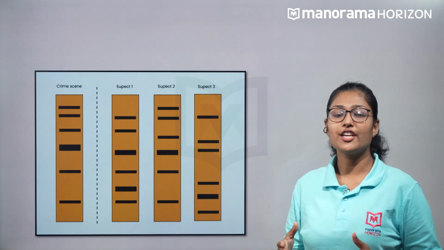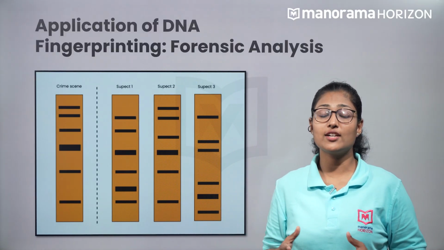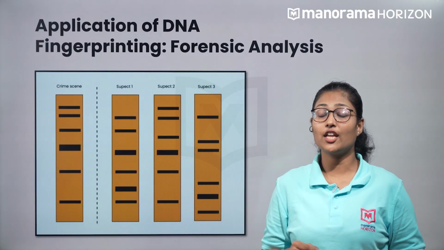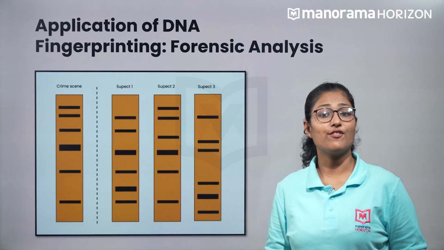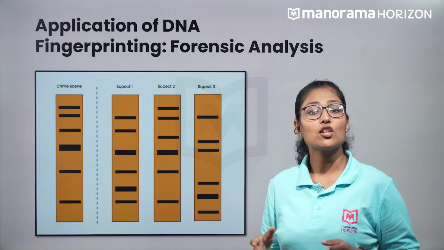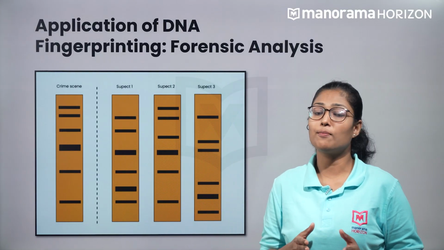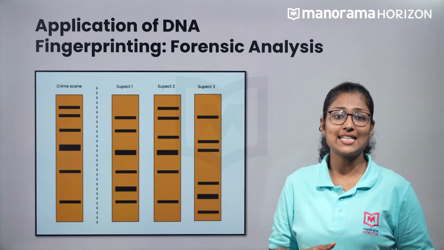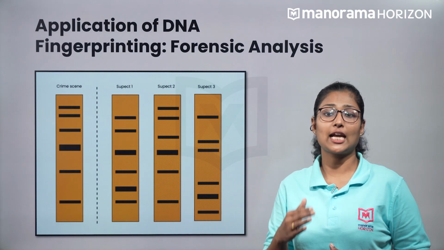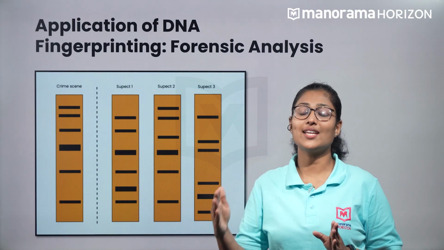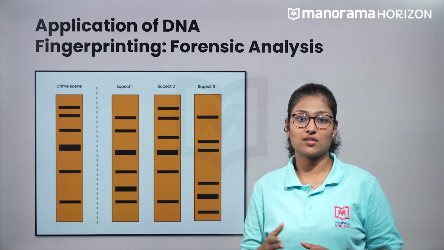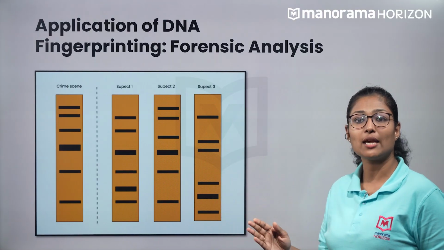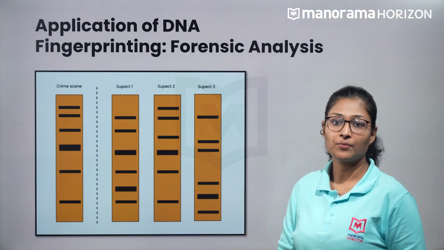This is how DNA fingerprinting helps in the forensic identification of victims and criminals using the DNA from hair, saliva, sperm, blood stains or burnt remains of the body. Here the DNA fingerprint created by the DNA sample obtained from the crime scene is compared with the DNA fingerprint of 3 suspects. The pattern of bands of suspect 2 is the same as that of the crime scene DNA sample.